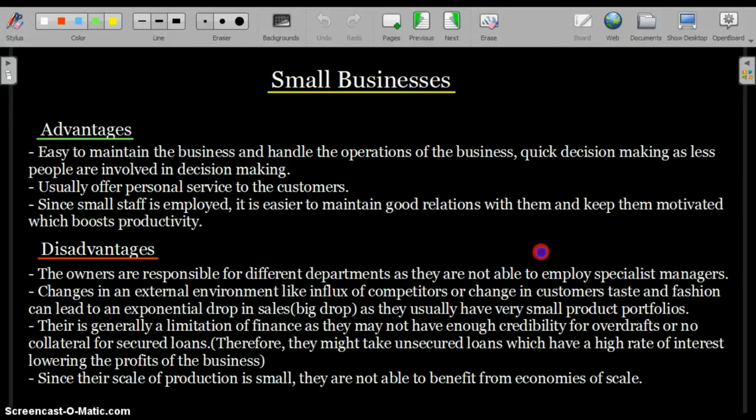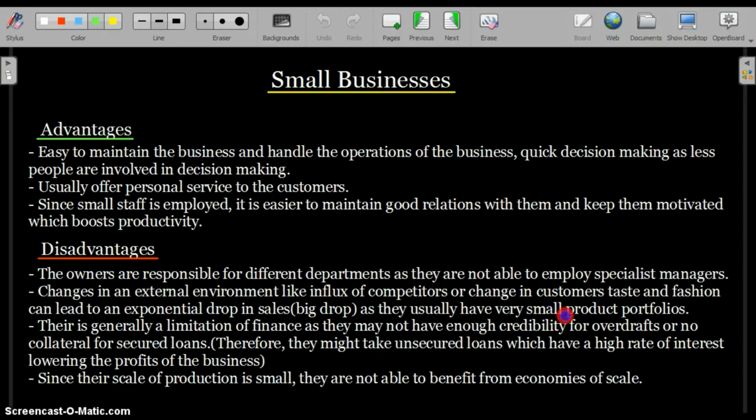Not all of them has to be done by the owner, because they might have an employee for accounting maybe, but still the major part is done by the owner, so that becomes an issue. Another disadvantage is the changes in the external environment, like an influx of competitors or a change in customer taste and fashion, which can lead to a very big drop in sales, as they usually have very small product portfolios.